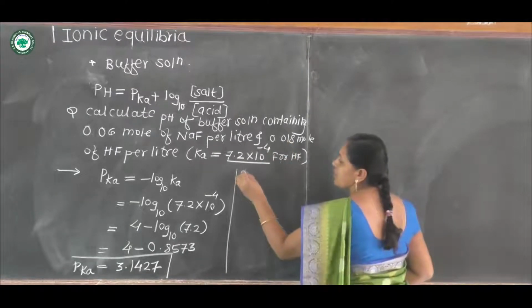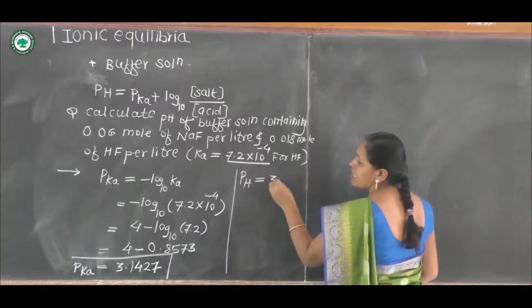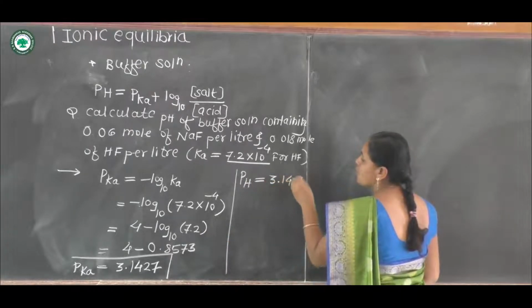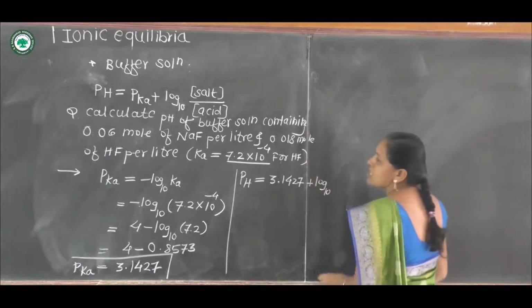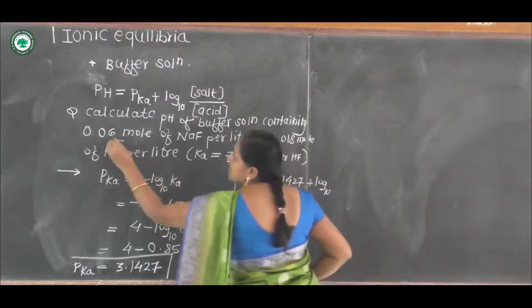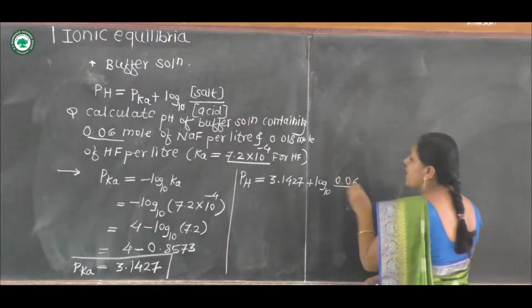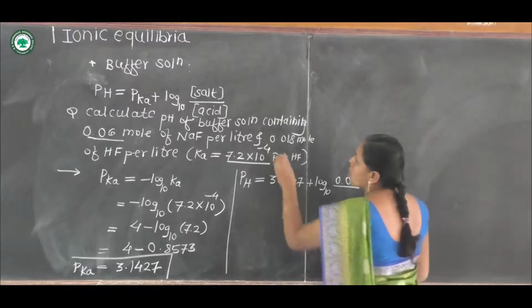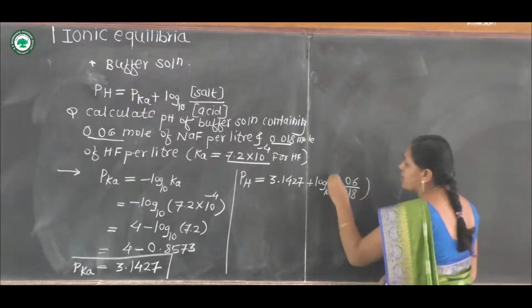Then substituting, pH is equal to 3.1427 plus log to the base 10 of concentration of salt, 0.06, divided by concentration of acid, 0.018.